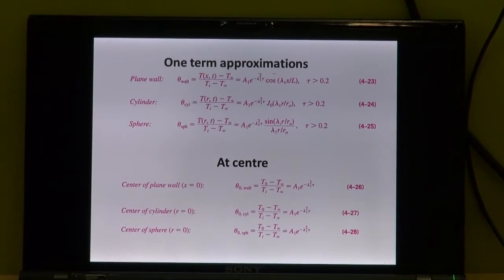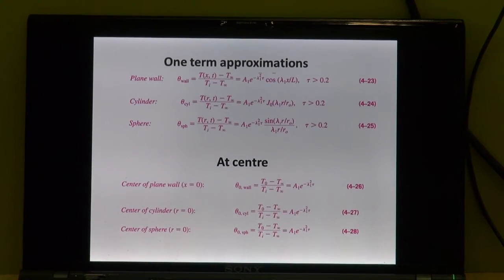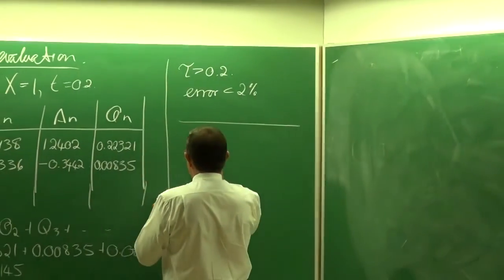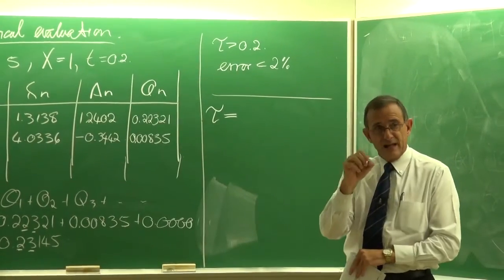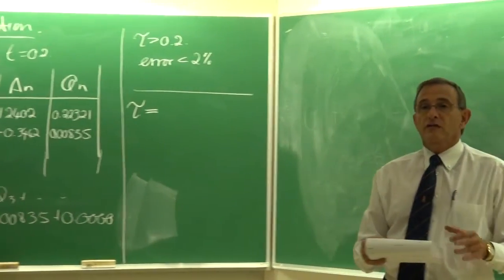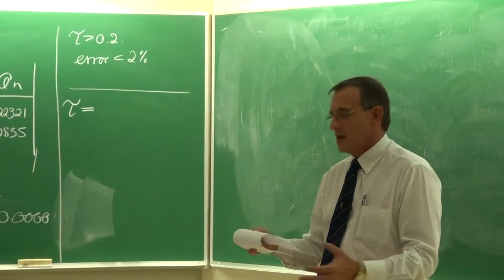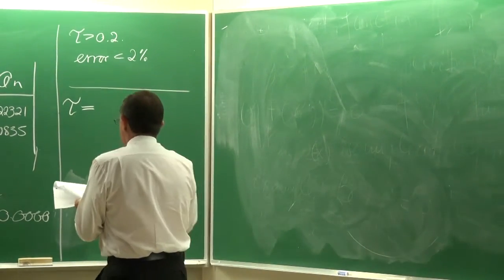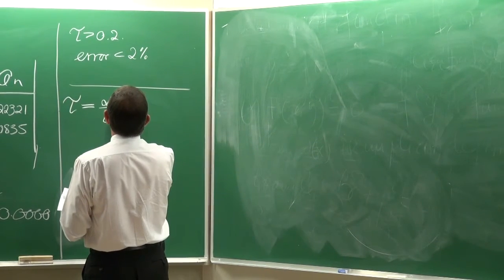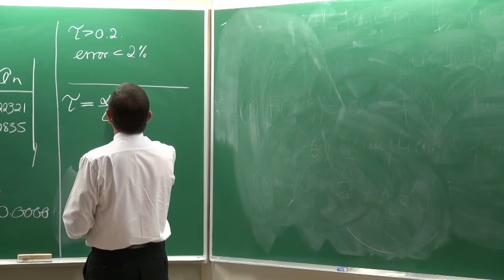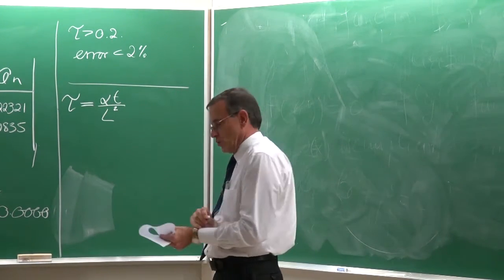So lots of mathematics, but the last thing that we should look at, I think, before we start with calculations is that in this and in the table they refer to the Fourier number. The Fourier number, we call it tau, in some cases Fo. The Fourier number is given, but what does the Fourier number mean? The Fourier number is equal to alpha multiplied by the time divided by L squared.